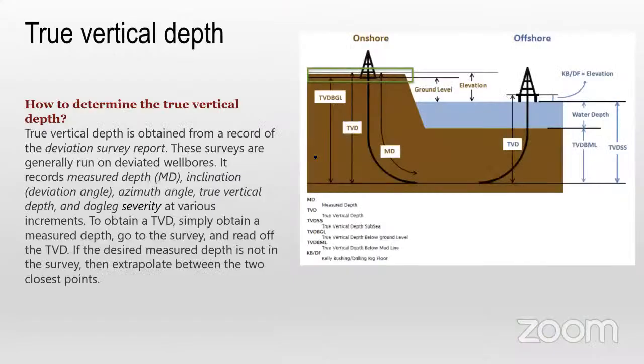In this map, I show the types of depth we use. When you work as a well site geologist, they give you a depth as an MD, or measured depth.